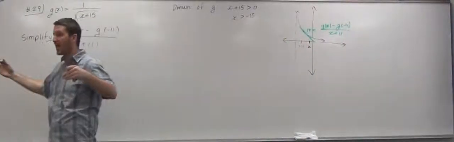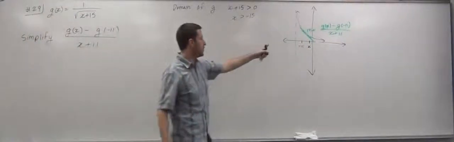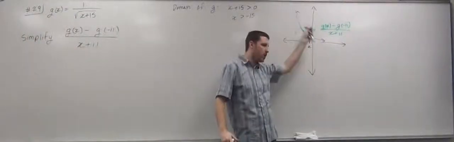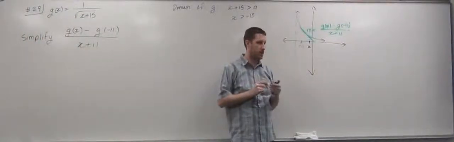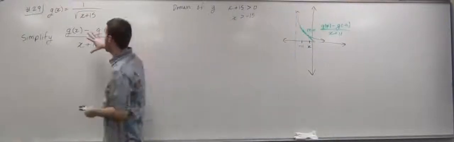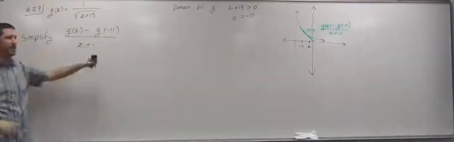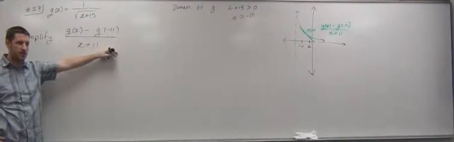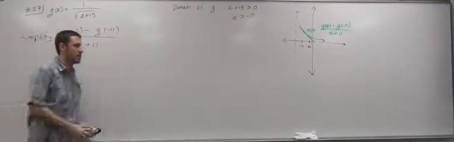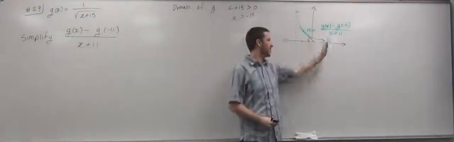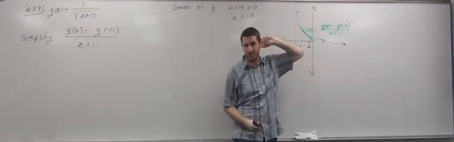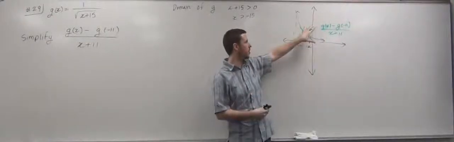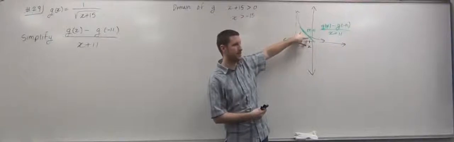And as you change x, right, if you move x over here, you get a new line, new slope. Right? So what that tells you is at the end of the day here, you're going to have x's left in your answer. Right? This answer depends on x. As this point moves, as this x value moves, this slope changes. So geometrically, this is what's going on. We're finding the slope of what's called a secant line.